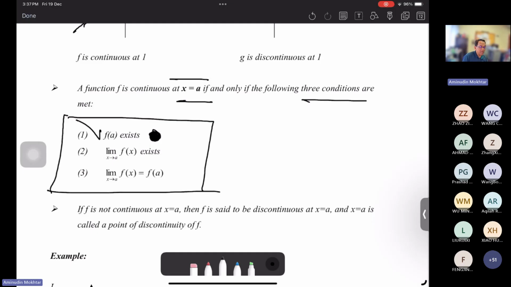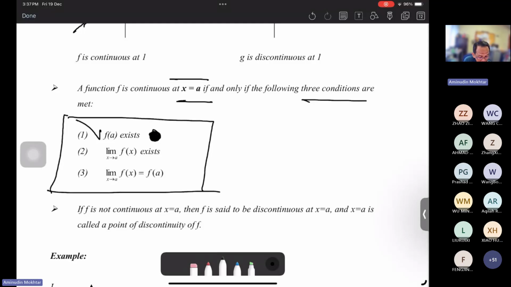I hope you still remember when I explained about the white circle and black circle. Black circle means the function is defined at that point. We can find the value of y when x equals a. Okay, that's the first condition.